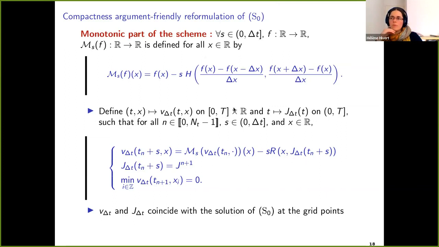It is because the stability estimates for the scheme give some estimates for these functions, and since they are functions indexed by a parameter, the discretization parameter, which is going to 0, if you have estimates in good functional spaces, you can use compactness arguments and make the solution converge when epsilon goes to 0.